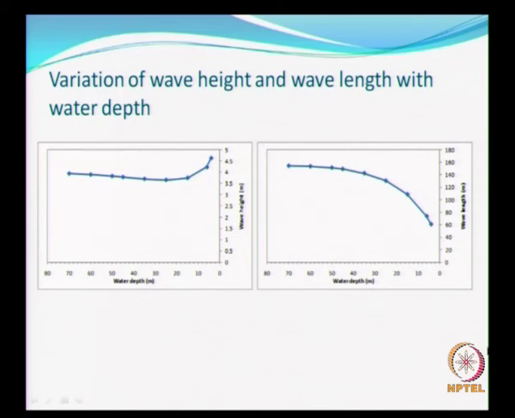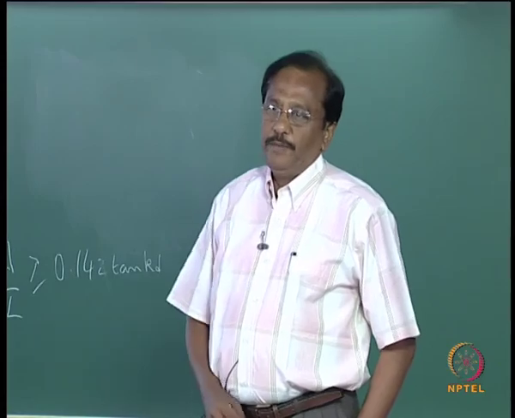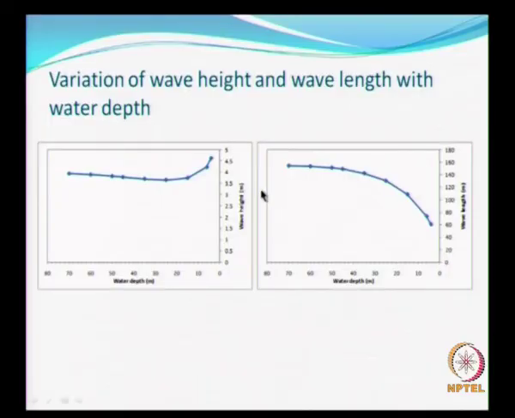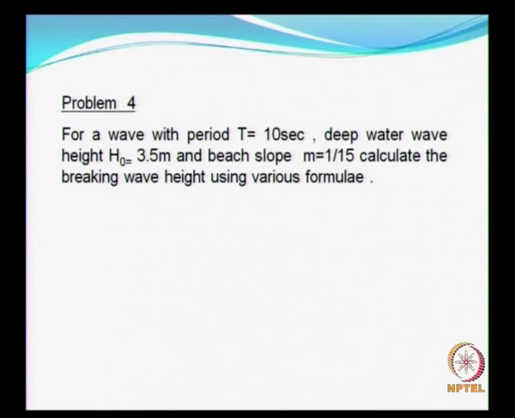And in this figure, the right hand one, the variation of the wavelength is shown for the above problem, that is, as you go towards the shore, the wavelength is going to decrease. So, these two phenomena we have examined.